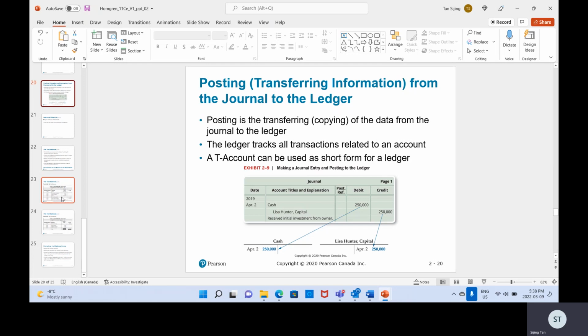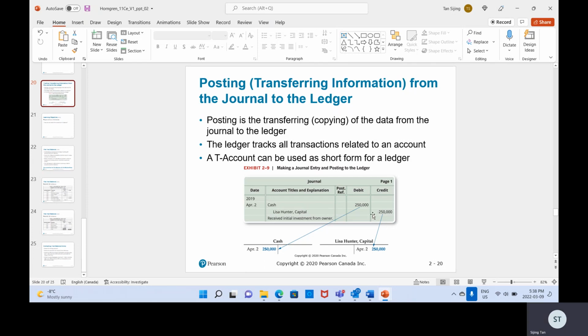All transactions must be keyed by date or number to link information. We have Exhibit 2-9, making a journal entry and posting to the ledger. This illustrates the flow of accounting information from journalizing the original entry to posting it to the account in the ledger.